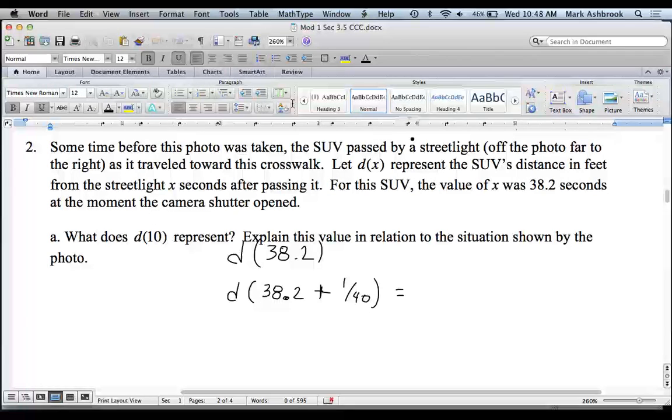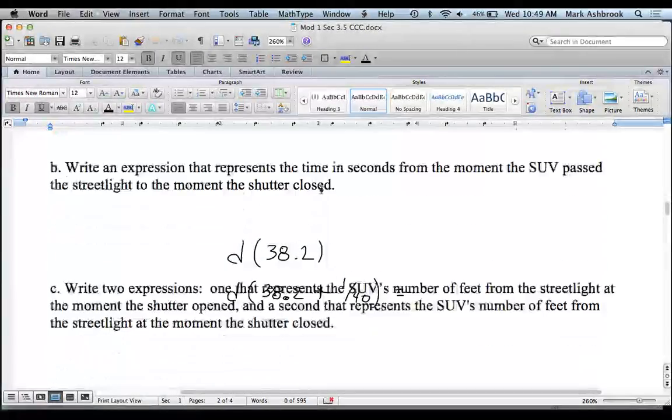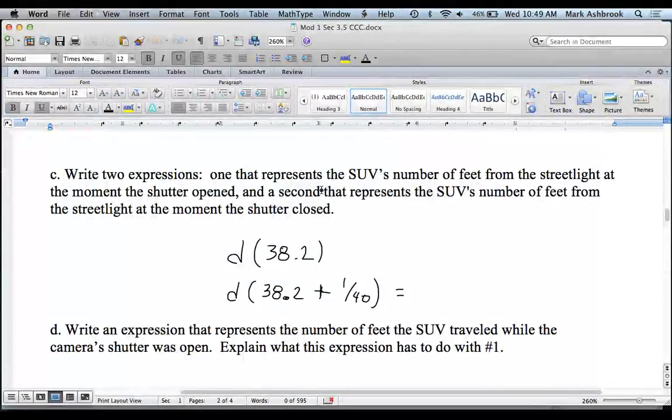X represents x seconds after passing the streetlight, so x takes on all these different times. I'm giving you an example of one particular value of x for this SUV: 38.2 at the moment the shutter was open. But x still takes on all the values of time after it passed the streetlight. Okay, so we wrote those two expressions.